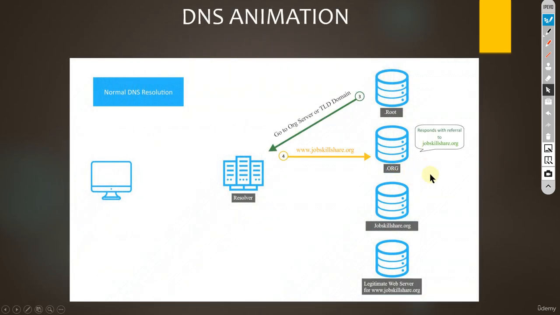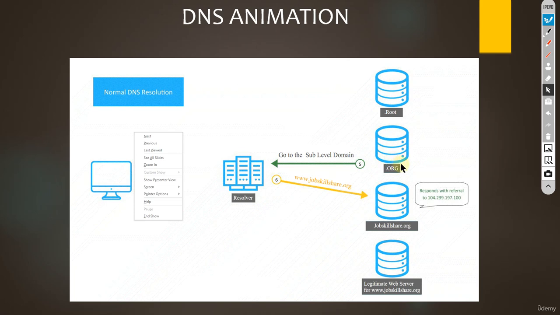So after that, the .org server will send this information back to the resolver, asking it to send this information to jobskillshare.org, the hosting server basically. Okay, so this information will be sent to the hosting server, which basically has the information about the IP address of jobskillshare.org, which is responding with the referral IP, which is, let's say, 104.239.197.100.